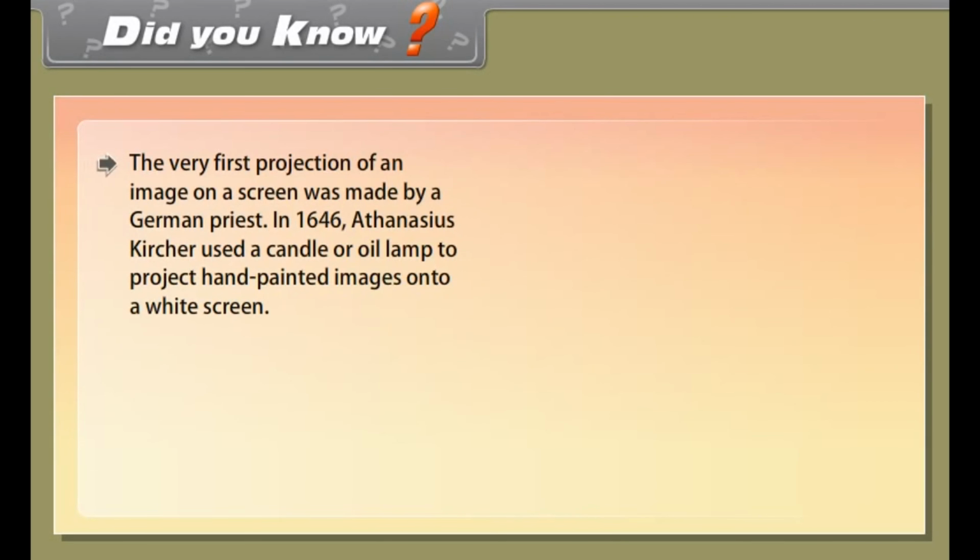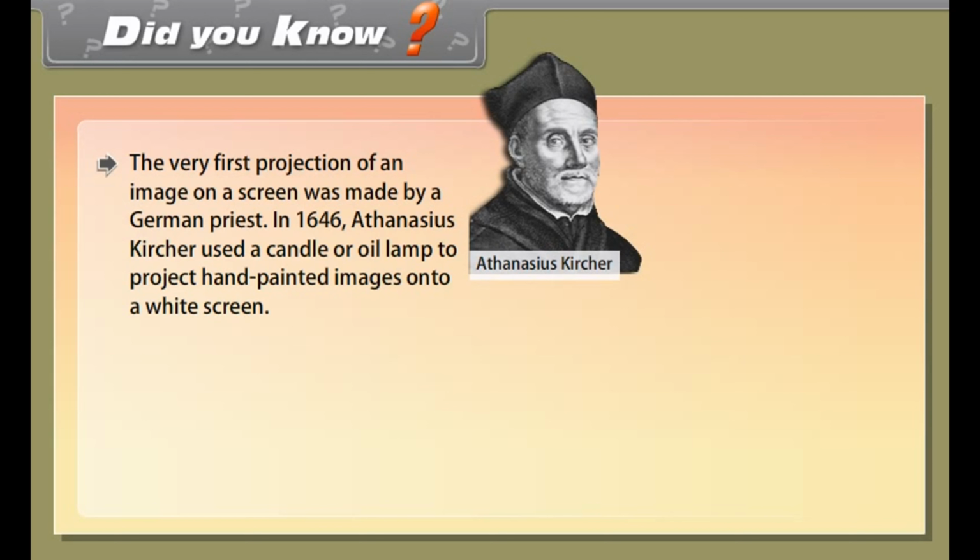The very first projection of an image on a screen was made by a German priest. In 1646, Athanasius Kircher used a candle or oil lamp to project hand-painted images onto a white screen.